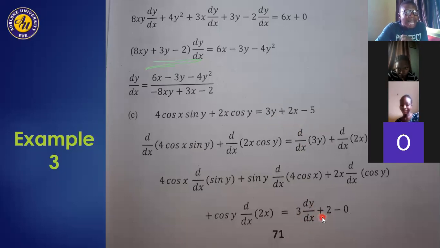Why is the answer 2? When you differentiated 2x, why is your answer 2? Sir, when it's 2x, the x is raised to power 1. So it's 1 times 2, that's 2. Then 1 minus another 1 is 0. So x raised to power 0 is actually 1. So 1 times 2 is 2.